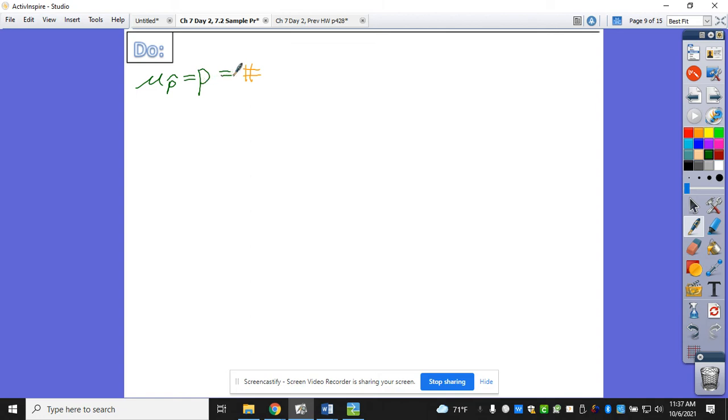Then I would do standard deviation, sigma of p hat, which equals what? Square root of p times 1 minus p over n. Numbers plugged in and an actual answer.